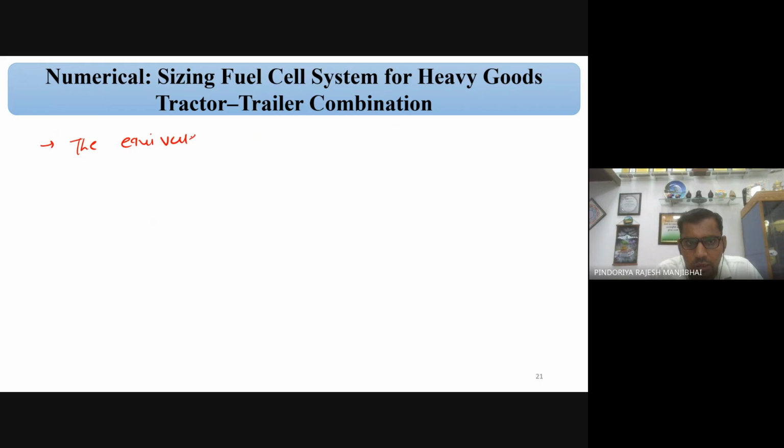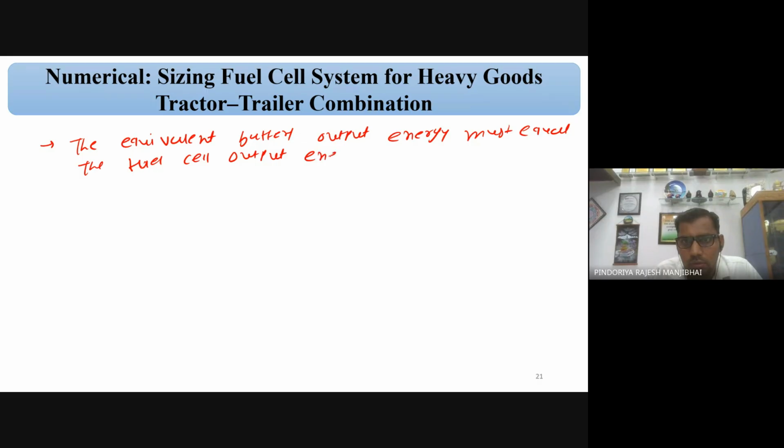The equivalent battery output energy must equal the fuel cell output energy.